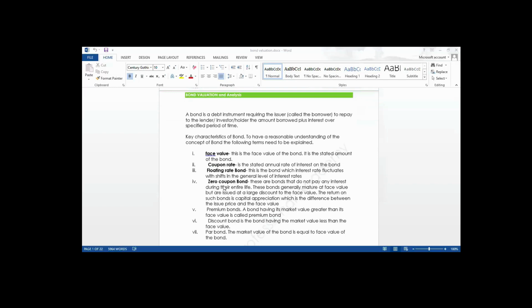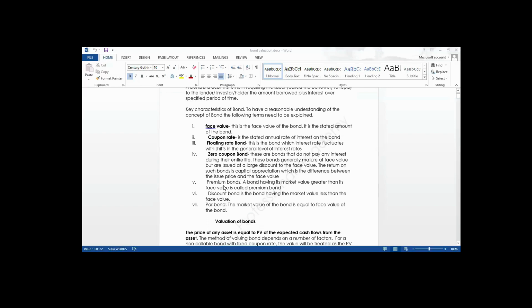We talk about discount bond, where the market value is less than the face value. We talk about par bond, where the market price is the same as the face value.